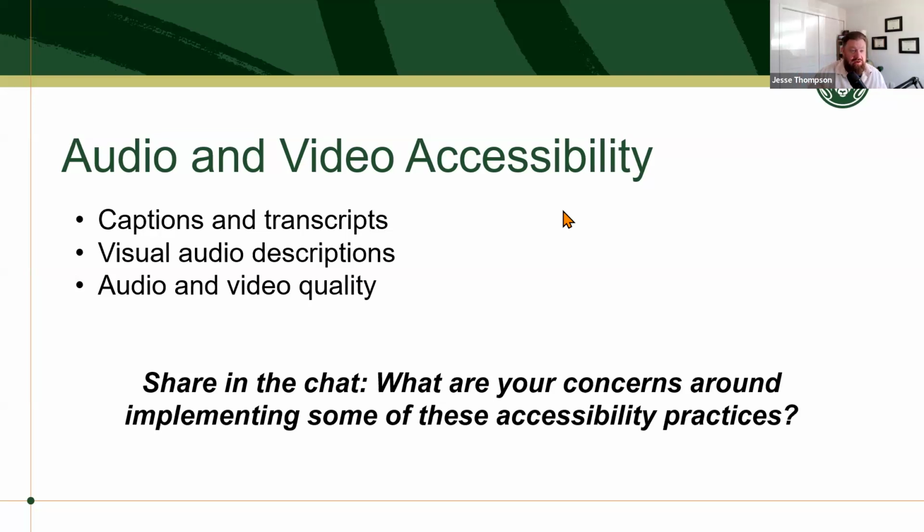And audio and video quality are really important, right? If there's a lot of fuzz or distance, I use a pretty decent mic here to try and assist with audio quality, just so that any difficulty hearing is not impeded by my microphone.